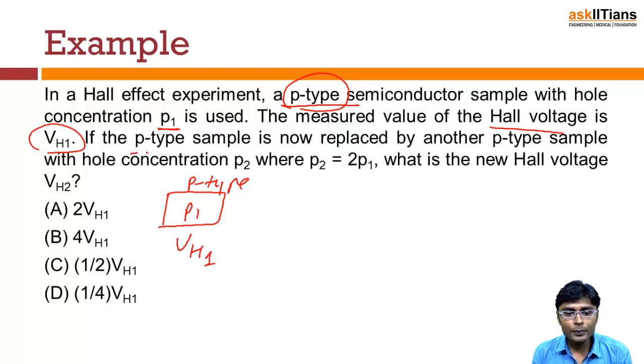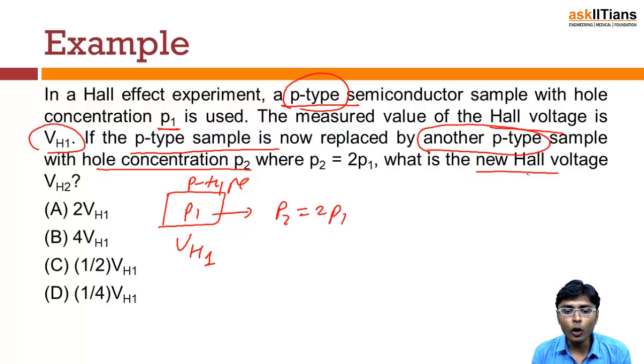Now if this p-type sample is replaced by another p-type sample, the hole concentration P2 is doubled. The P2 hole concentration for the other p-type sample is equal to twice P1.